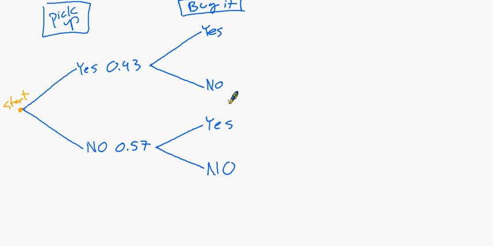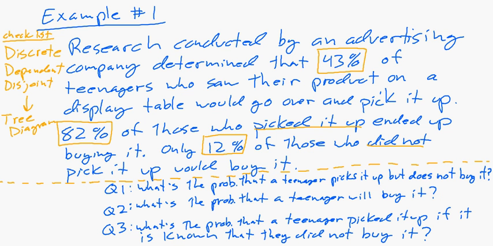Let's look back at the wording of the question. So now down here, we have 82% of those who picked it up. Right? So this is the yes on the pickup. Would buy it. So yes, they picked it up. 82% buy it.